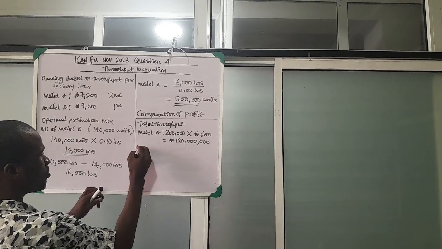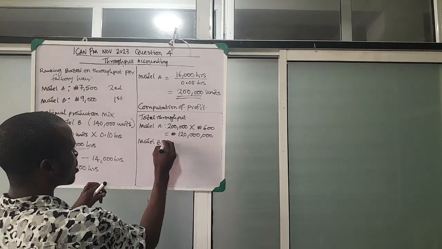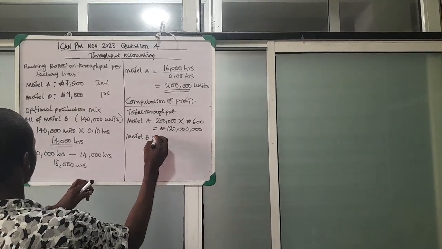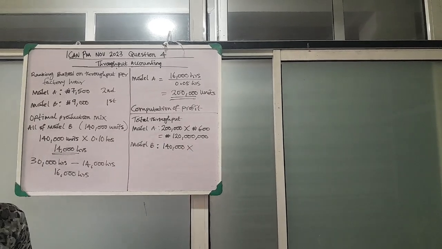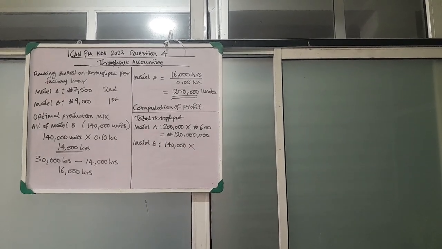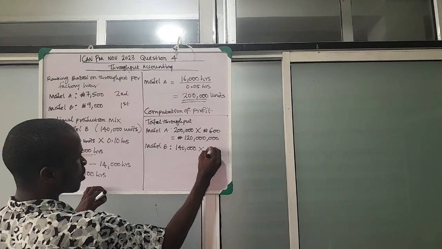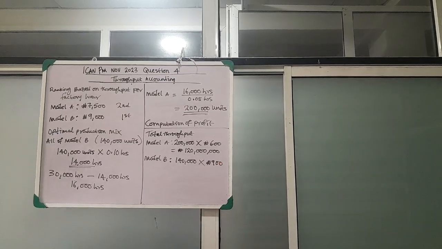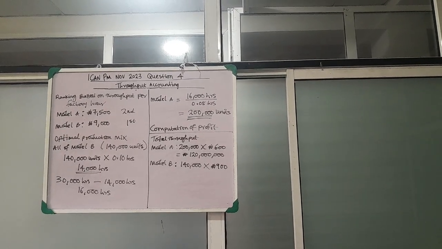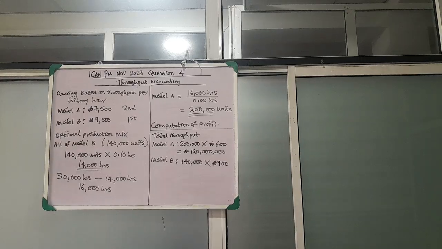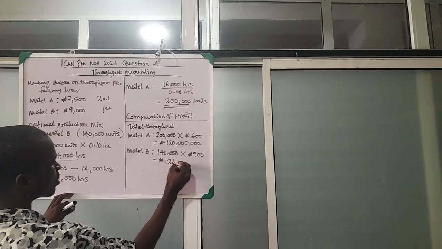I'll do same for model B. Model B, the units is 140,000 units. So I will multiply that by the throughput per unit, which is 900. So 140,000 times 900 is going to give us 126 million.